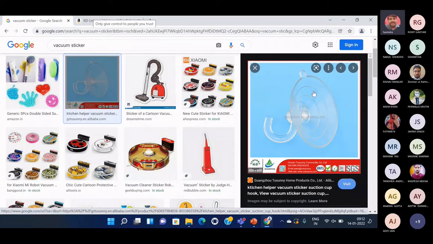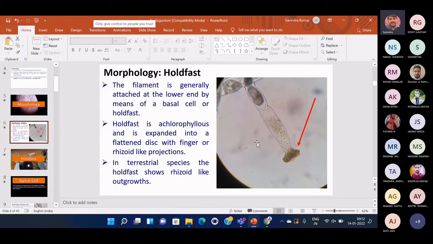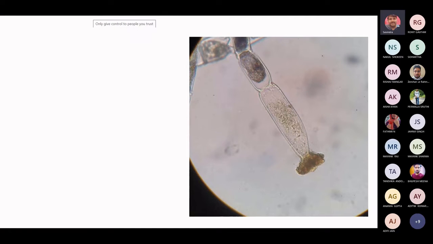Otherwise, how long is the filament? 30, 40, 50, 60, 100 cells long. So how will it remain attached to the substratum? It needs a firm binding or firm attachment with the substratum, and that binding will be provided by this kind of structure. So I hope now you can relate this structure with that structure. Can you?